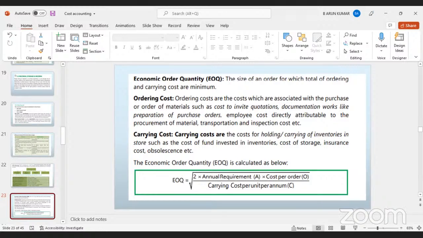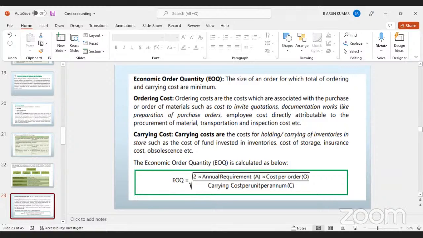For example, every month we require 10,000 quantity of goods, so we require one big vehicle, one lorry. The cost for that lorry to transport the goods from the suppliers to our stores department is around 20,000 rupees.